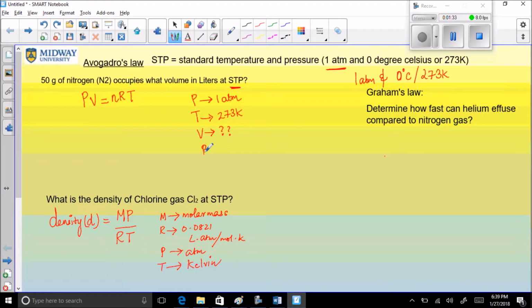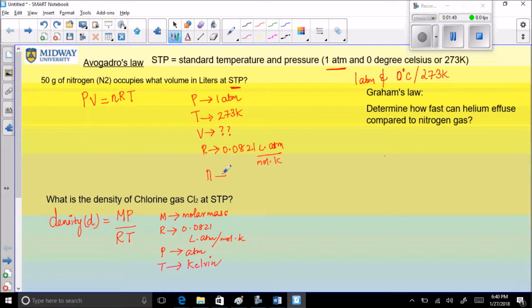We know R is 0.0821 liter atmosphere per mole Kelvin, and our pressure is given.